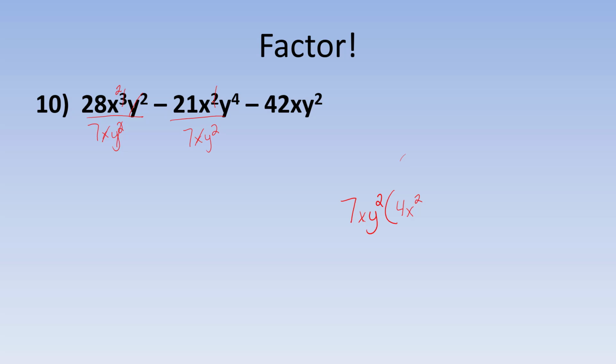So we cancel out 1x, cancel out 2 y's. 7 goes into 21 3 times, so minus 3xy squared. Last term, 7xy squared. Y squareds will cancel out. X's will cancel out. 7 goes into 42 6 times.